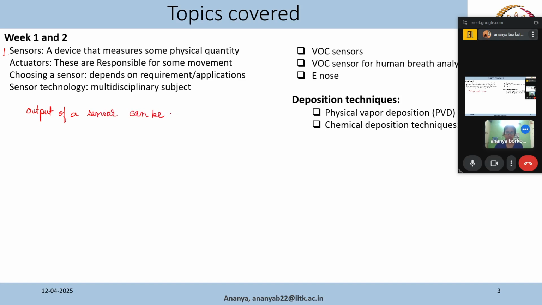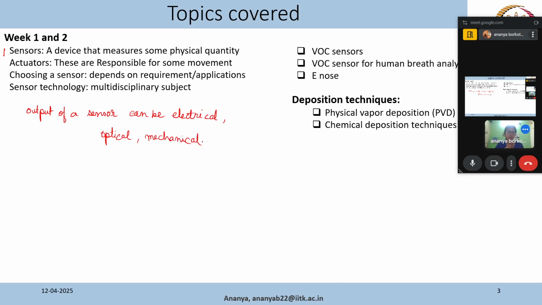can be electrical. Electrical can be a change in resistance, a change in voltage, something like that. Optical is a change in color. We had discussed many biological sensors that can change color depending on whether a certain analyte is present or not. The output can also be mechanical.